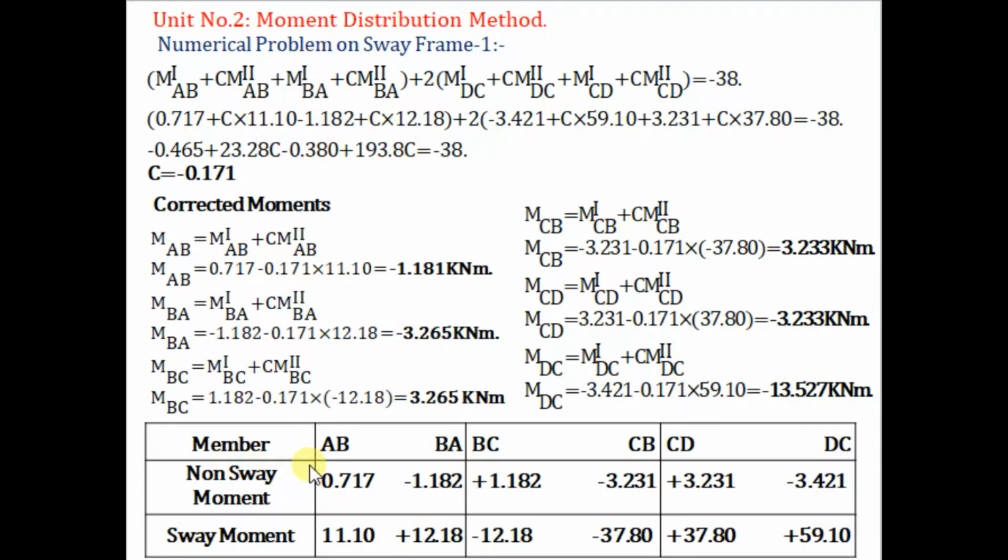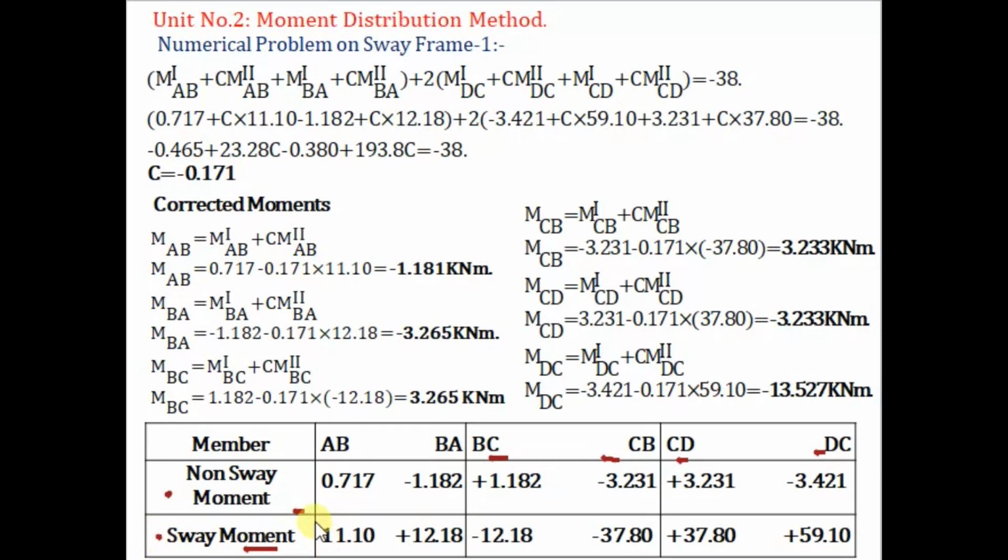We know the values of moments MAB, MBA, MBC, MCB, MCD and MDC for each member by doing non-sway moment analysis and sway moment analysis for the sway frame. So in the sway frame we do two types of analysis. One is considering the frame as non-sway and then considering the frame as a sway frame.